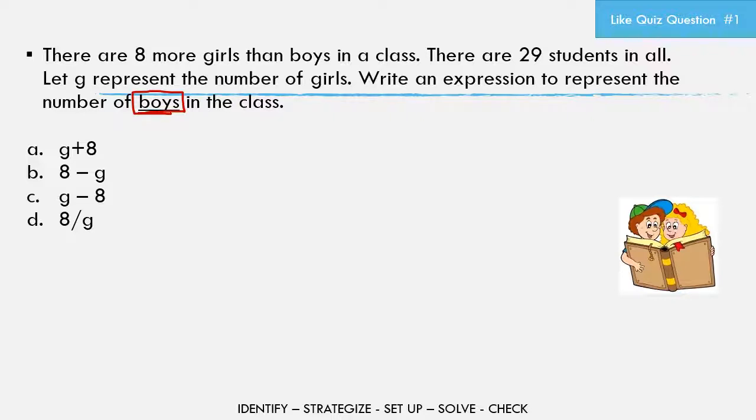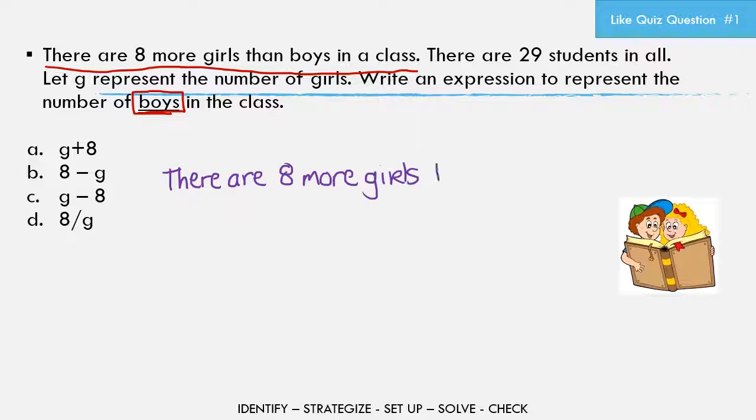It says, there are 8 more girls than boys in the class. So if I were to write that out, there are 8 more girls than boys. Let's think of it this way.